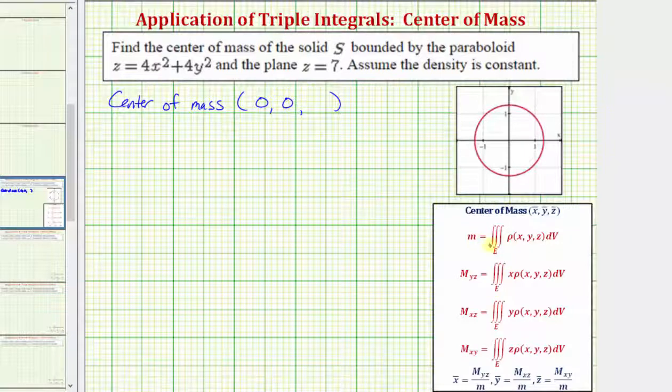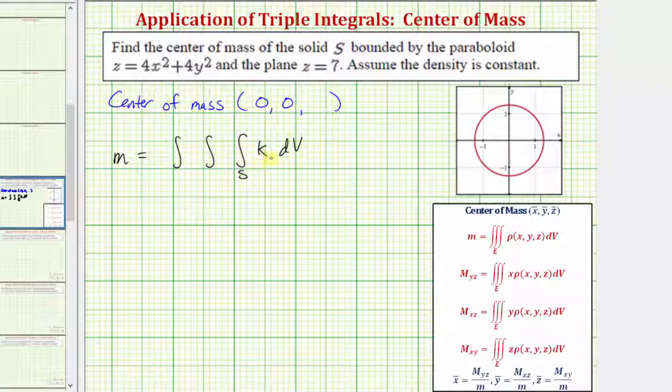Let's first find the mass. So the mass m is equal to the triple integral over the region S. The integrated function is rho of x comma y comma z, which is the density function, and we're told the density is constant, so we'll use the constant k for rho of x comma y comma z, and then we have differential v.